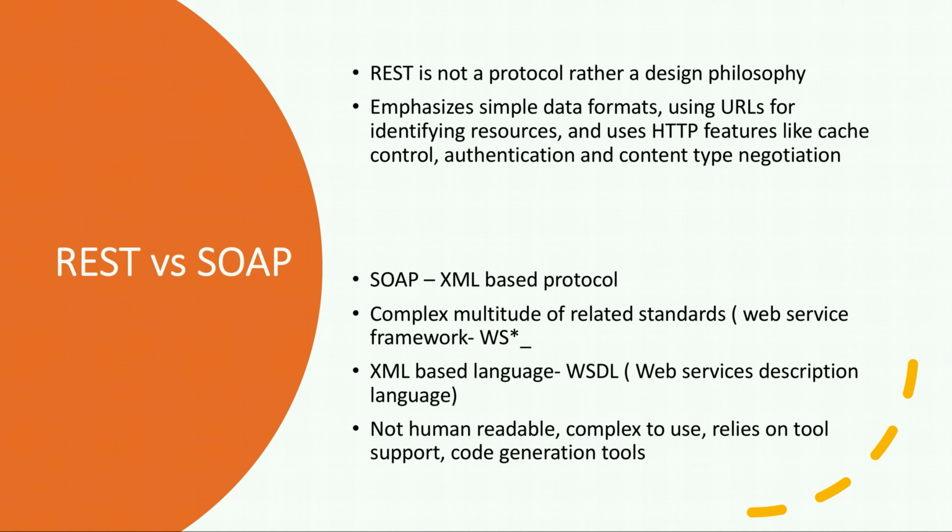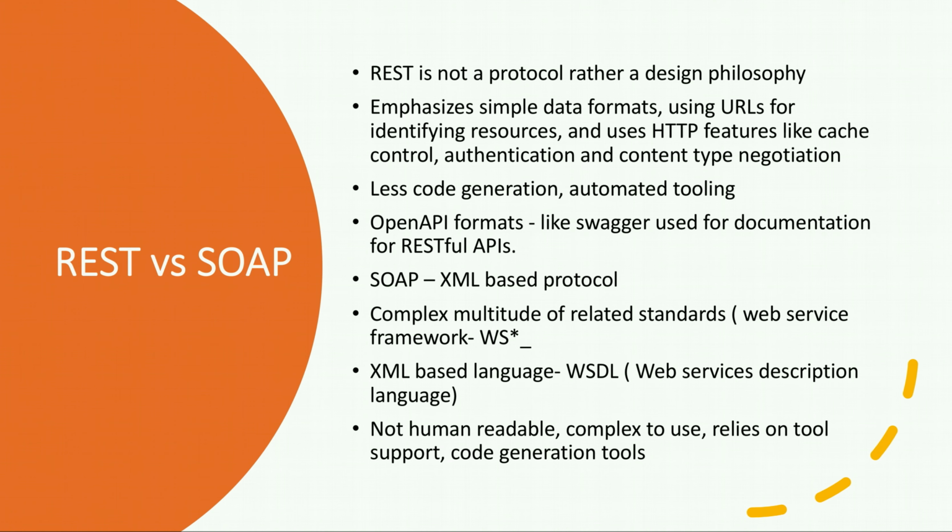A WSDL is not designed to be human readable, and as SOAP messages are often too complex to construct manually, users of SOAP heavily rely on tool support and code generation tools, whereas RESTful APIs tend to favor simple approaches, typically involving less code generation and automated tooling. Also, there are various open API formats like Swagger, which is used for documentation of RESTful APIs.